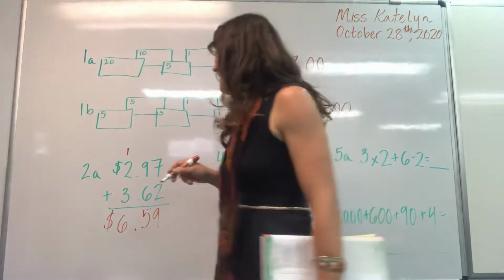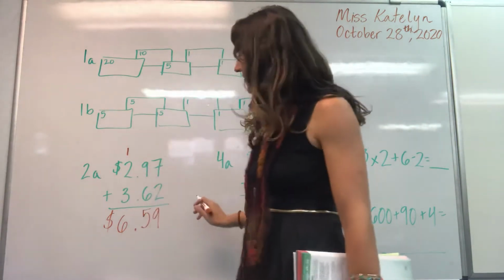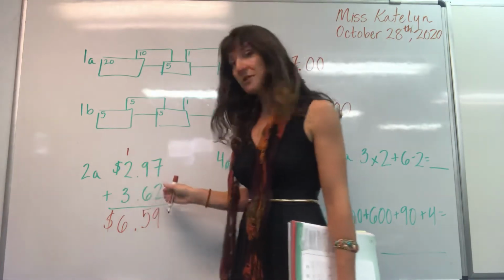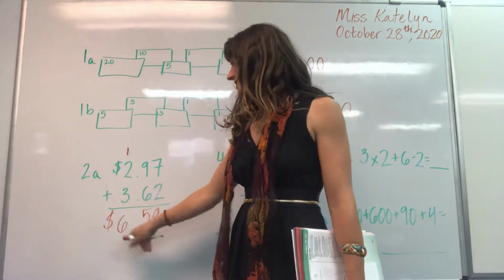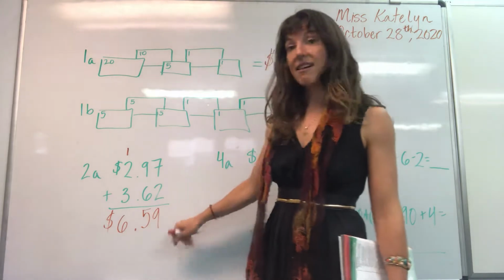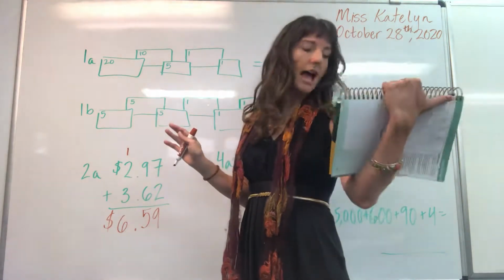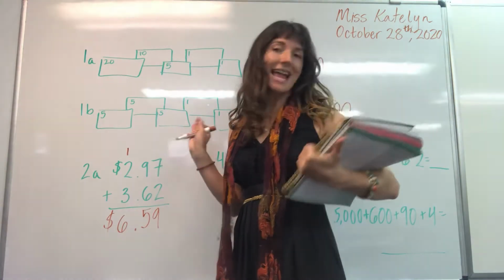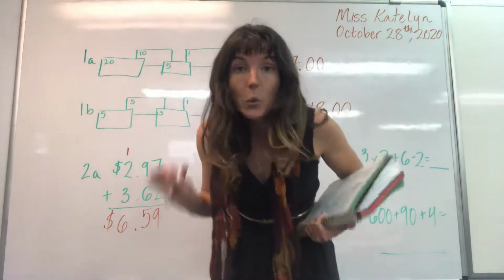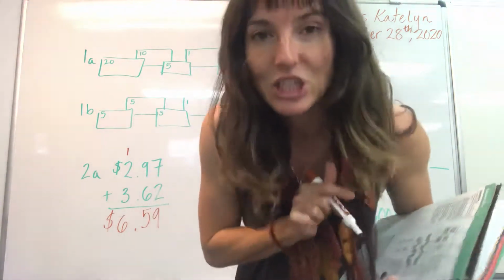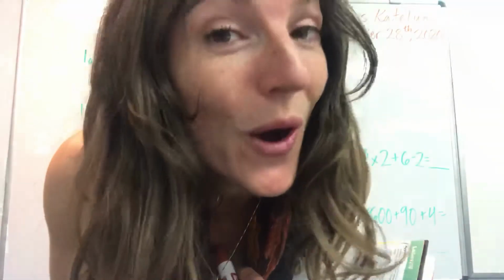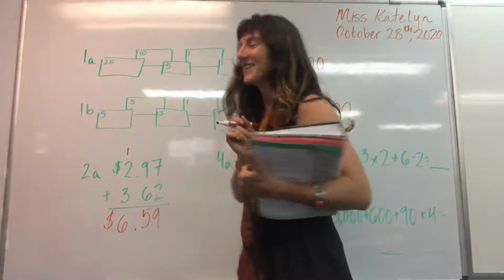Okay, so $2.97 plus $3.62 is $6.59. And you also have 2B, C, and D for your homework. I expect them to be completed the next time I see this book.